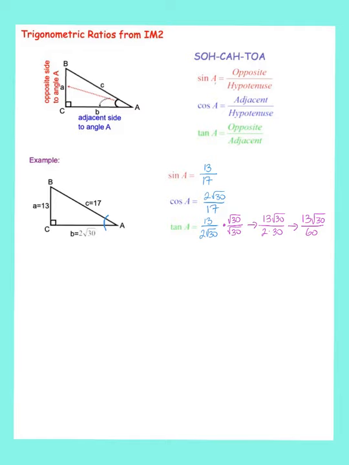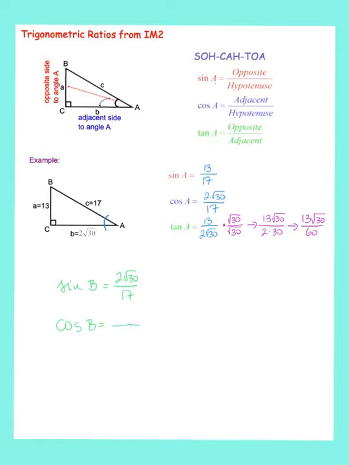Now let us try to do the sine of angle B also. The sine of angle B is going to be the side opposite to angle B, which is 2 times the square root of 30, divided by the hypotenuse, which is 17. The cosine of angle B is, again, the angle B is here, the side adjacent is 13.